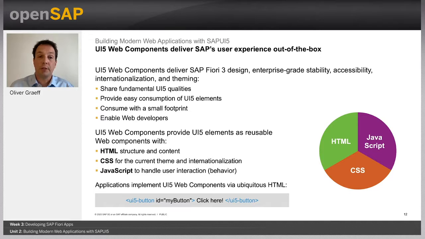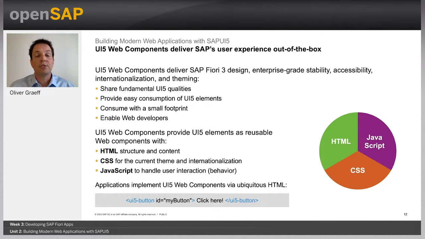The fourth topic is UI5 web components. A web component delivers SAP's user experience out of the box. The web components brings design, brings enterprise-grade features like accessibility and so on.